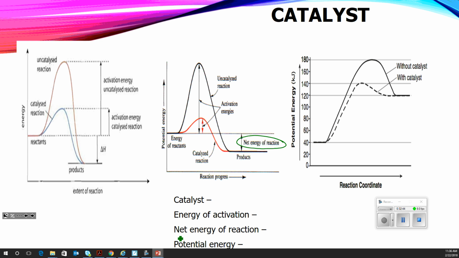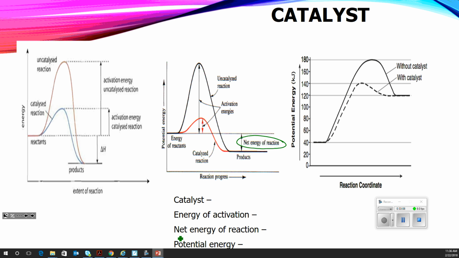The net change of energy of the reaction always stays the same. She will try and trick you there. So know that what a catalyst does is just lower the activation energy. It doesn't change where the product and the reactant are. It just lowers the amount of energy it takes to get there.